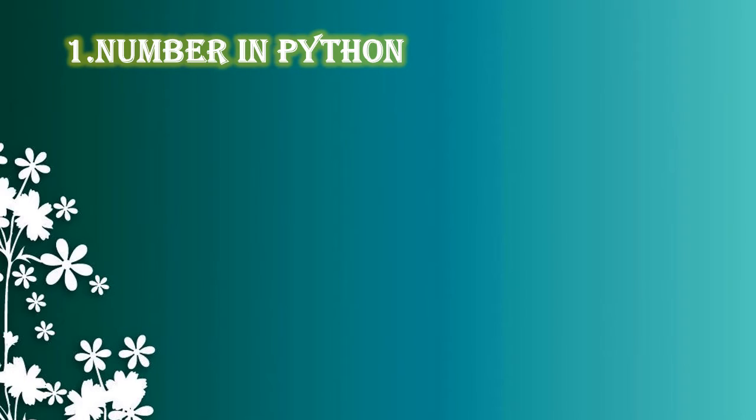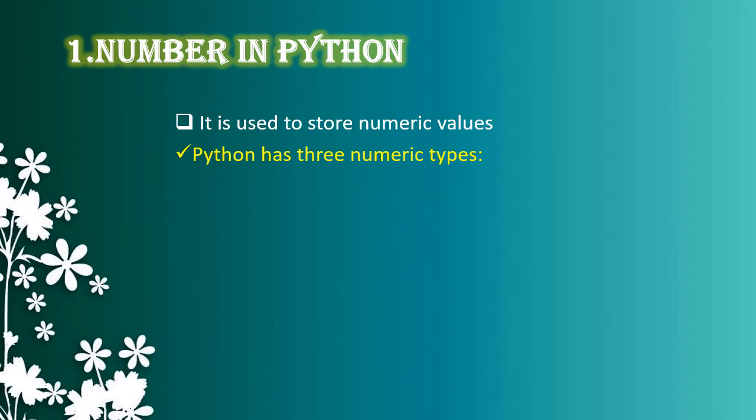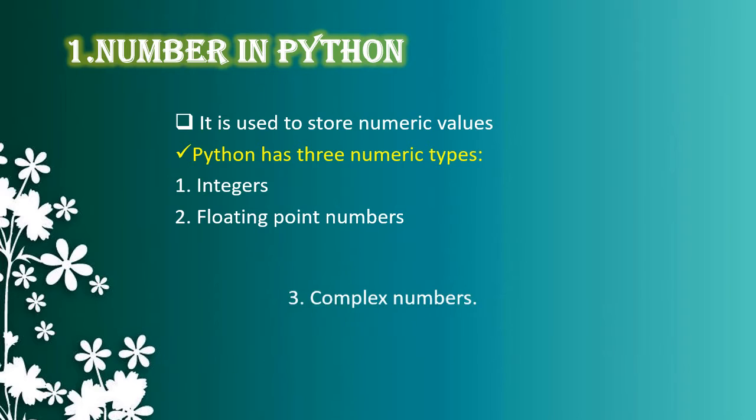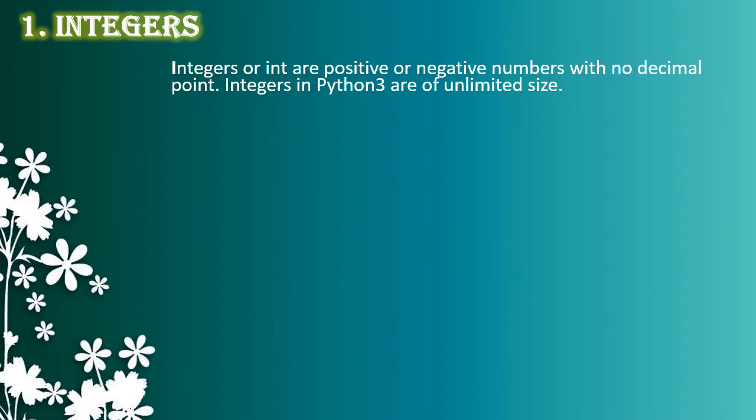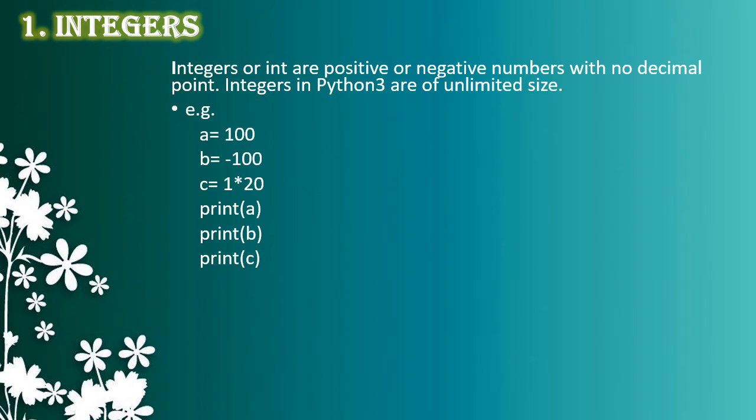The first data type in Python is number, which is used to store numeric values, and it has three subtypes: integers, float, and complex. Integers hold positive and negative whole numbers without decimal points. In Python 3, integers also have unlimited size.